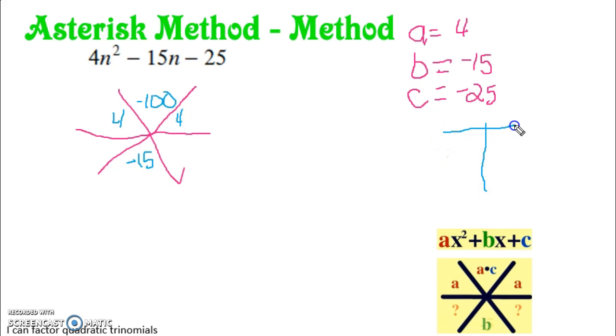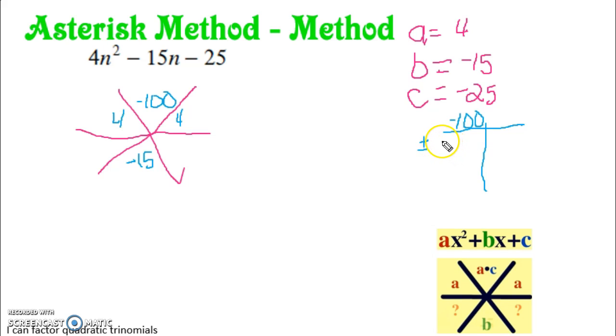We find them by finding what factors give us negative 100. Well, to get a negative, we know that one has to be positive and one has to be negative.